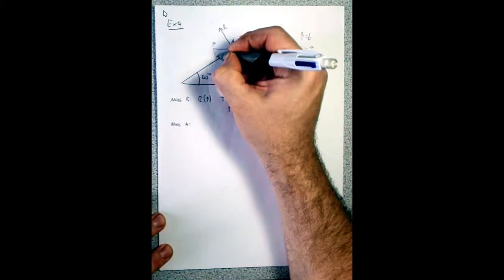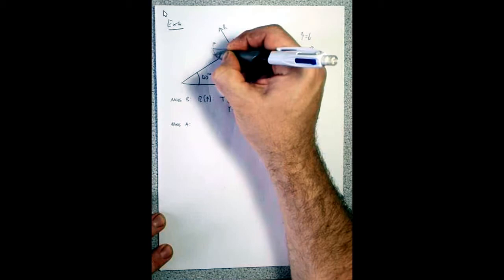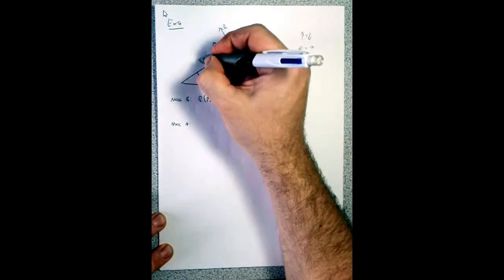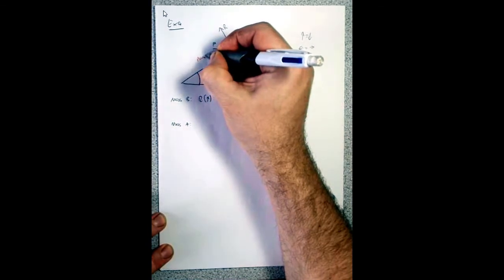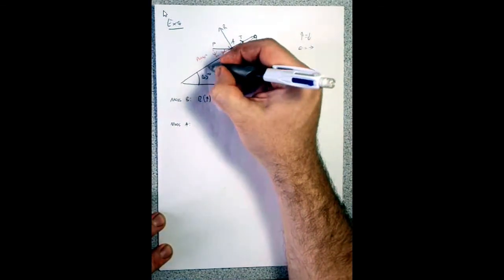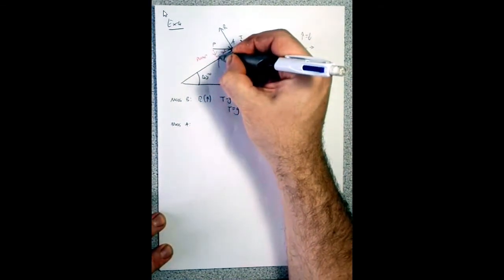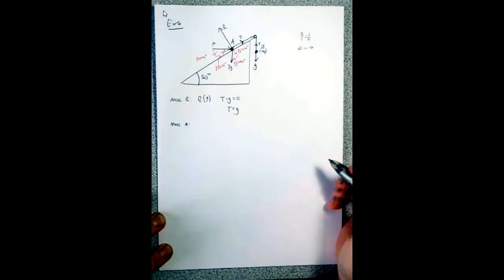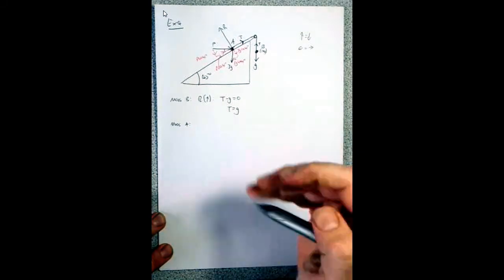I'll put that in a minute. Decompose P, so of course that angle is alternate to that angle, so I've got P sine 45 downwards and P cos 45 up the slope.